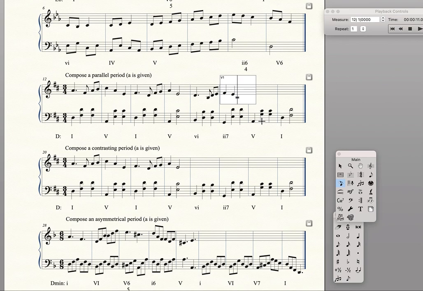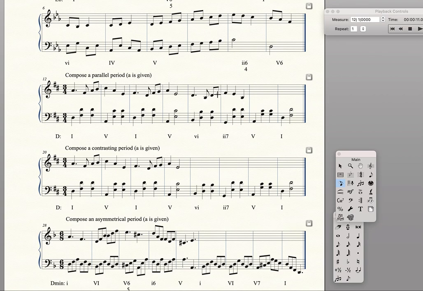So I'm using the same kind of idea, even though the intervals are not perfectly the same, because I really like this step in there, and this is a non-chord tone now, right? And then, yeah, I like that. And then the ending can be anything we want.